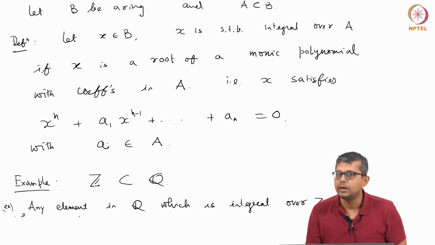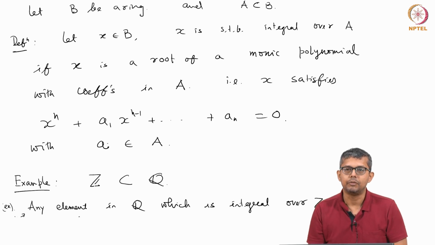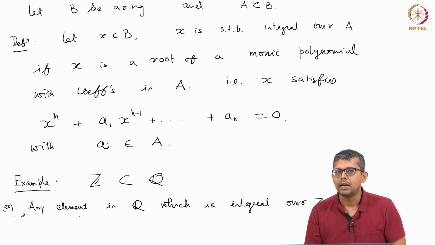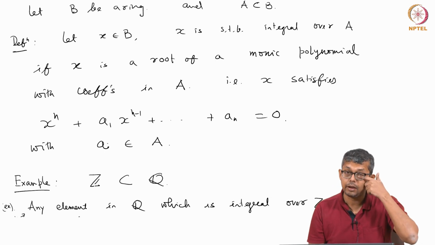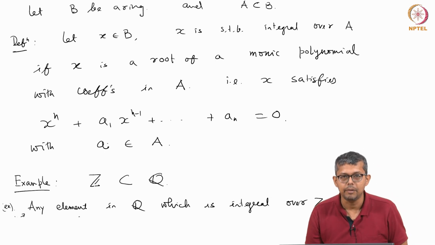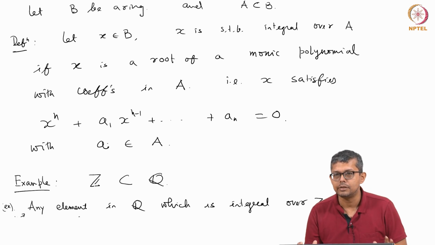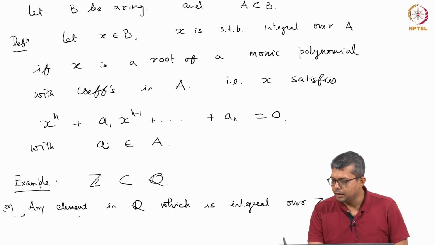It turns out that it has a ring structure. If I take integral elements of B over A, it forms a subring of B. It may not be the whole of B, of course, but it has to contain A. So it will be some kind of ring extension of A, an intermediate ring between A and B.